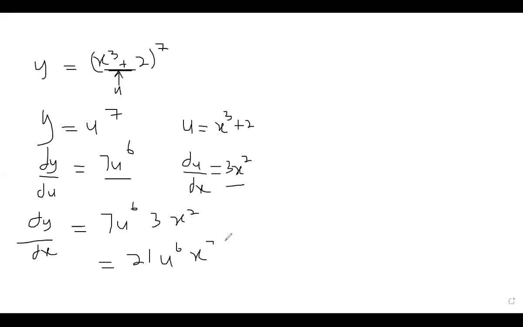But we all know that u is x cubed plus 2. So that becomes 21 times x cubed plus 2, all raised to the power 6. Then you bring your x squared here. And that is the derivative. You can choose to expand or simplify, but essentially this is the answer.